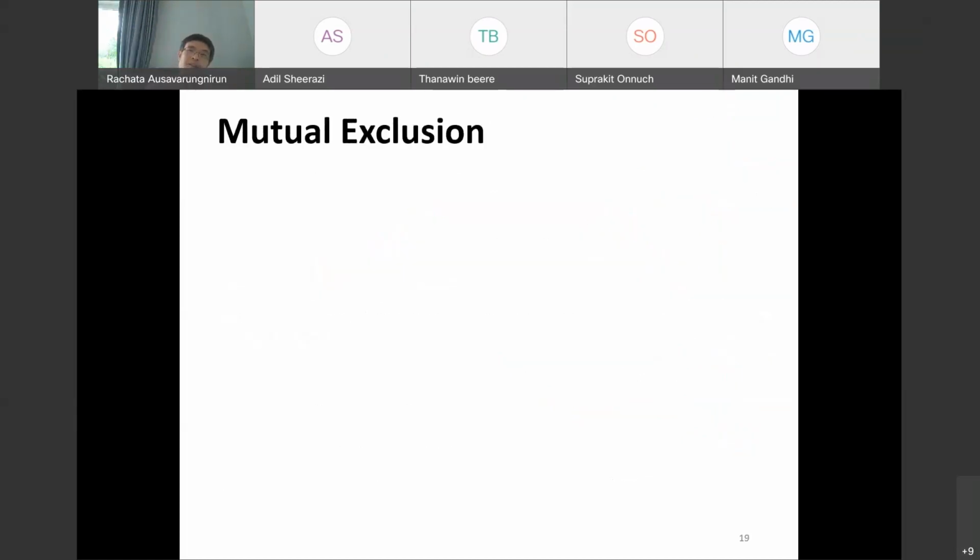So let's talk about the concept of mutual exclusion. In English, what does it mean? What does mutual exclusion mean? So what does exclusive mean?